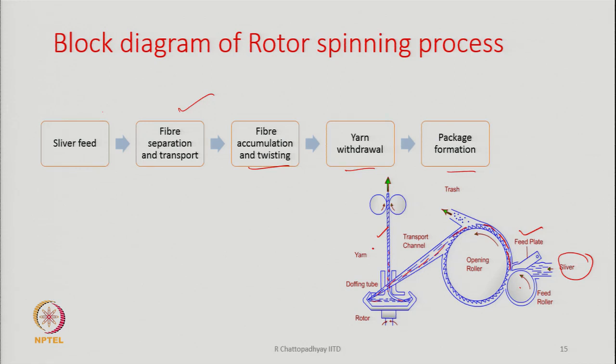Here is the yarn. So, a simple sketch of the spinning process is shown here: sliver, feed roller, then there is the opening roller. The opening roller is actually acting as a drafting unit. We will discuss about them.